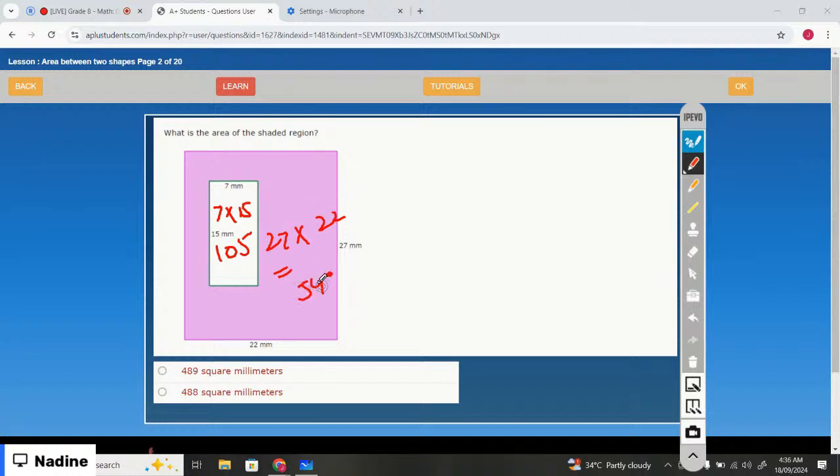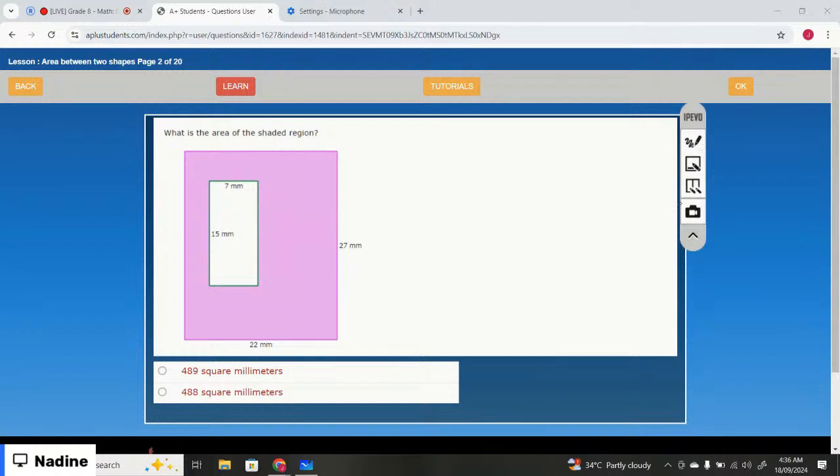So just subtract, right? 594 take away 105. So that is 489 square millimeters. Option number 1 is the correct option.